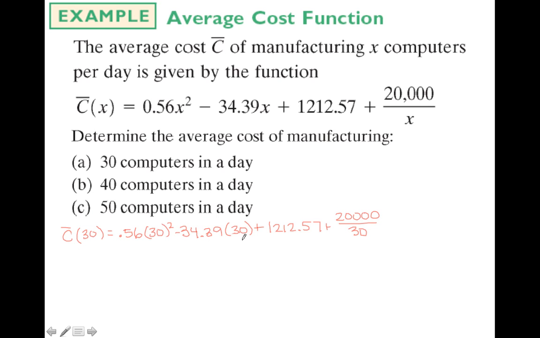Okay, so let me take a second and type this in. You do the same. And let's see, I got 1,351 point, let's see, this is a cost, so I'll round it like money, so 54.